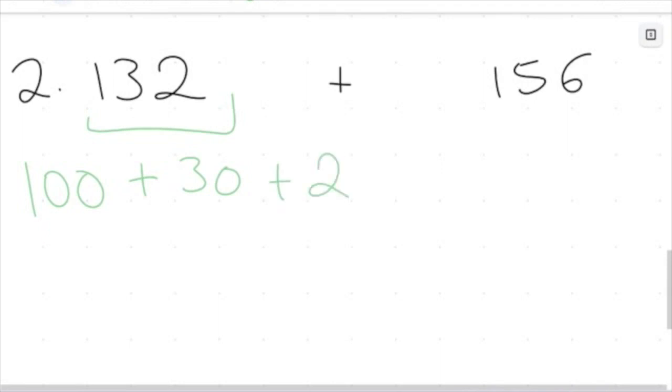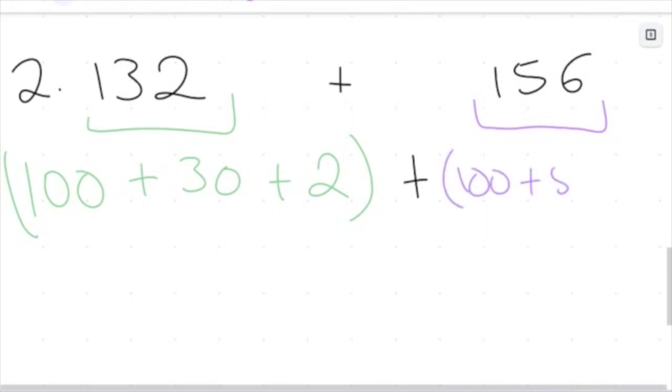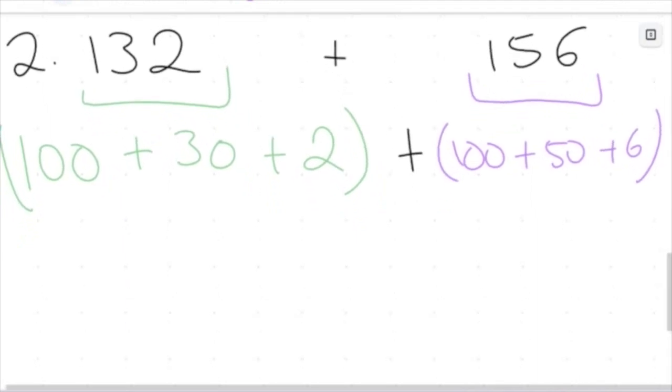So I have 100 in the hundreds column, 3 in the tens column, and 2 in the ones column. So I can break this number into this here. And to that, I'm adding 156. Let's do another color. I can break that up into 100 plus 50 plus 6. And here, I can now start to add these separate bits together.